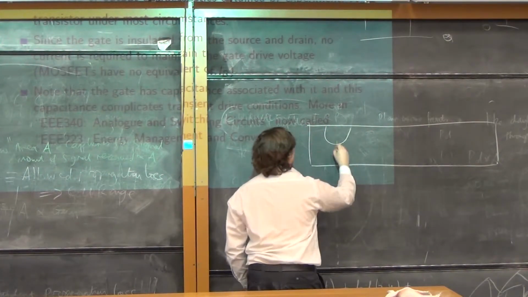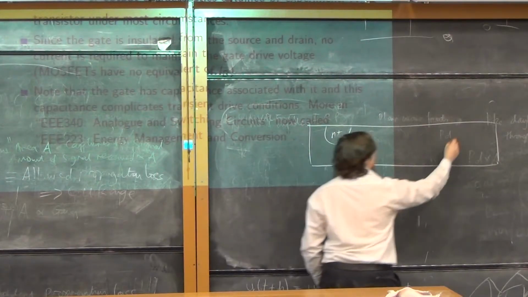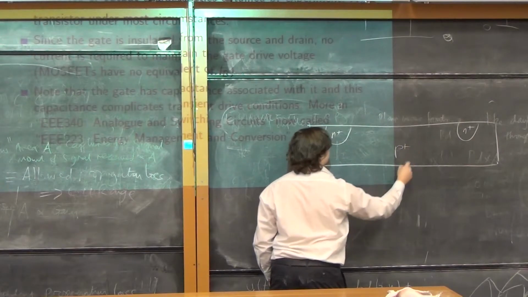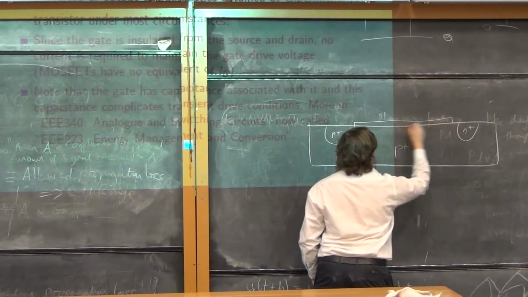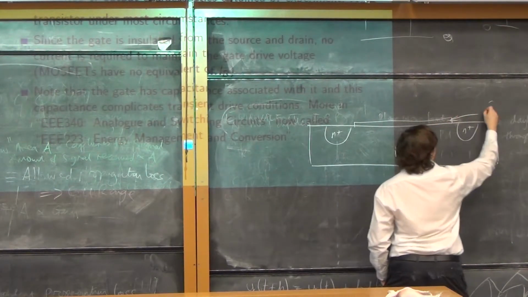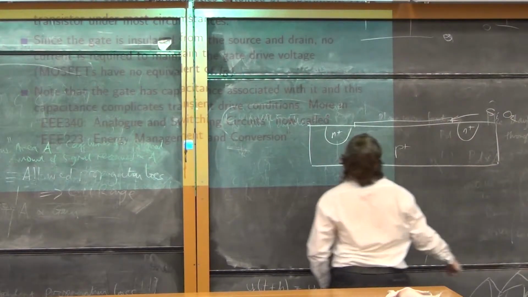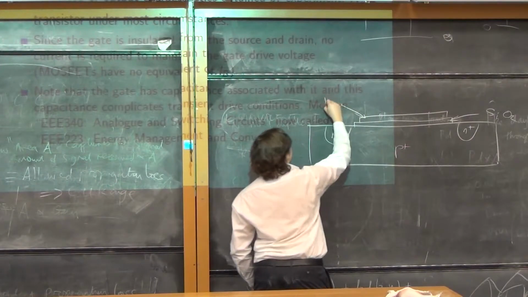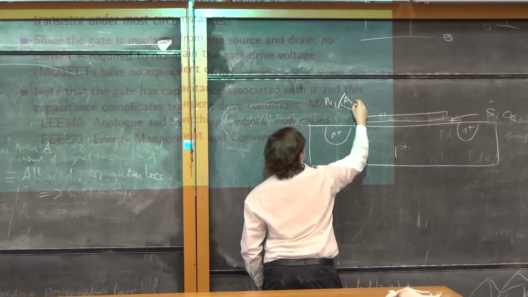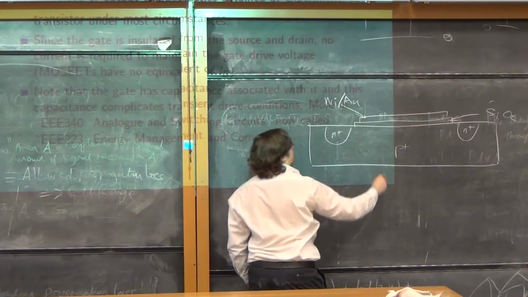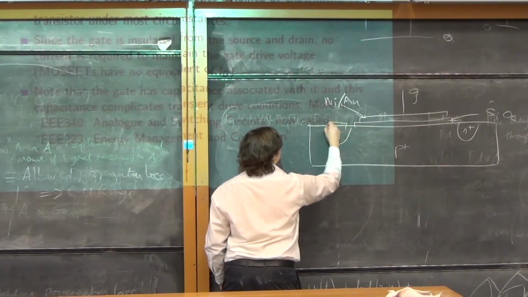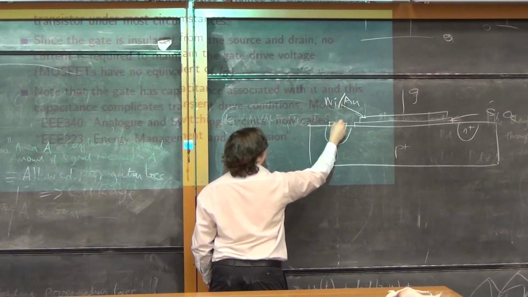Maybe that's going to be N+, and this is going to be N+, and this will be P+, and this will be glass, and then on top of that probably something, maybe nickel and gold.